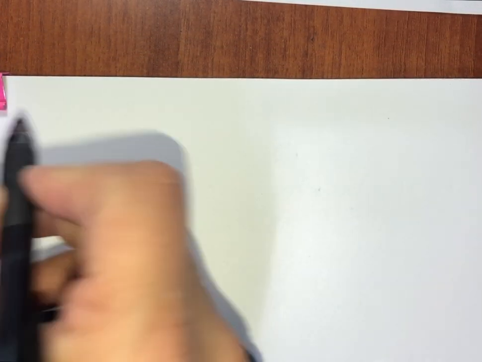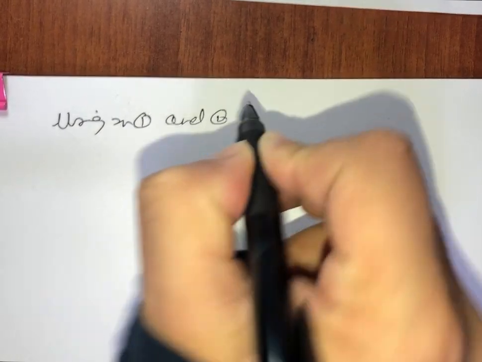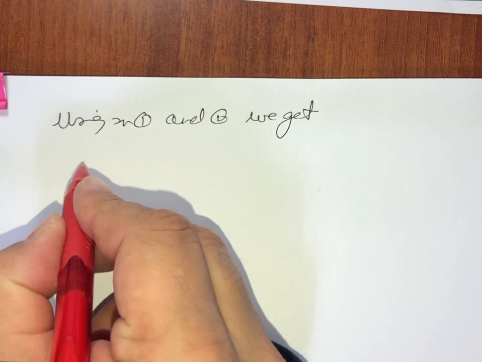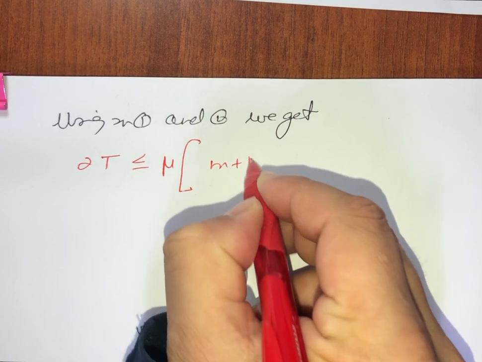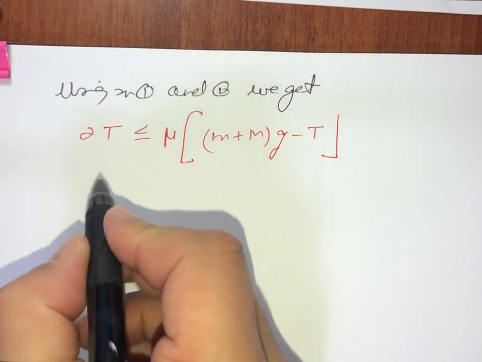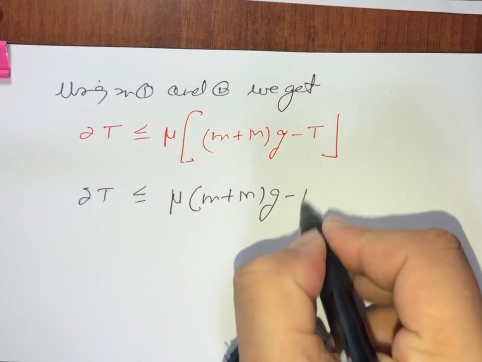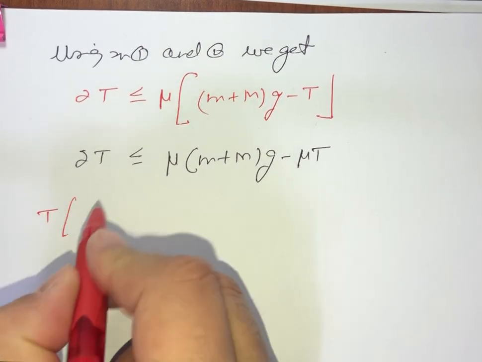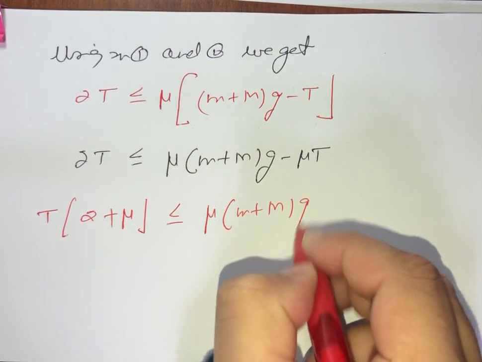Okay. So we can write that using equation 1 and 2, we get Fr is 2T less than equal to mu, and normal is given as m plus capital M multiplied by g minus T. So we open the right side, we get this as 2T less than equal to mu m plus capital M g minus mu T. Combining the like terms, taking T as common, so we get 2 plus mu is less than equal to mu m plus capital M multiplied by g.